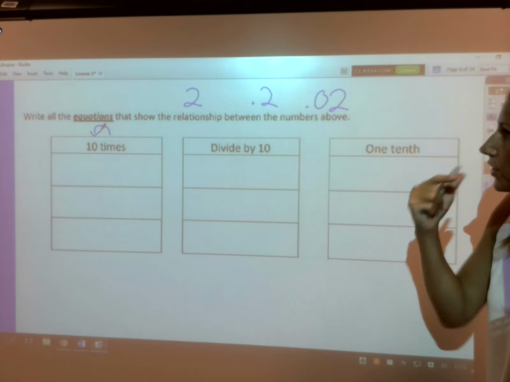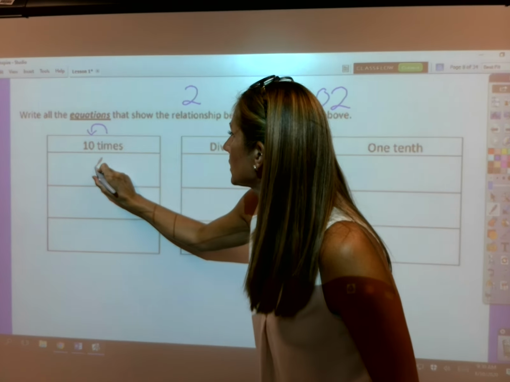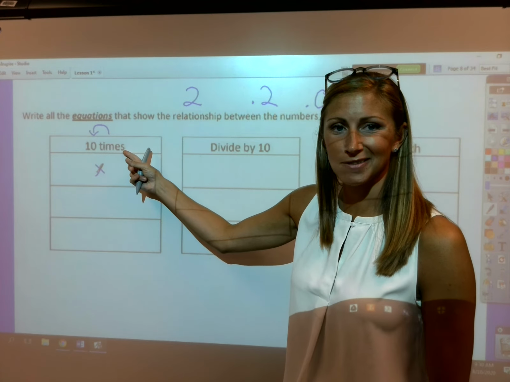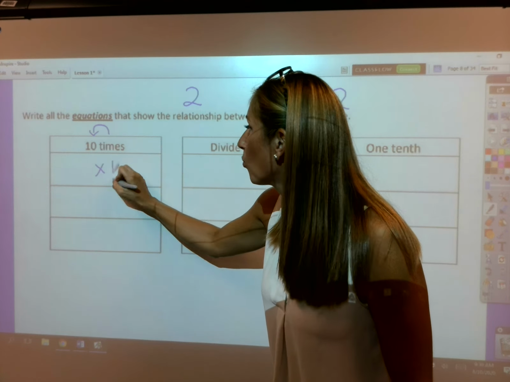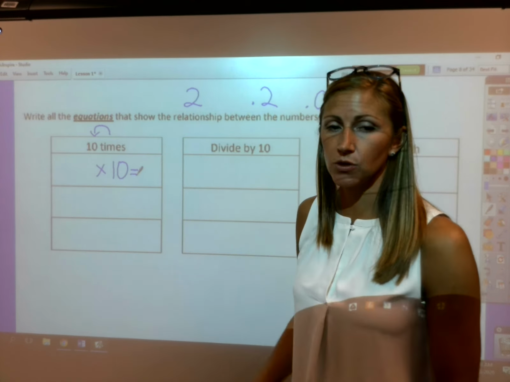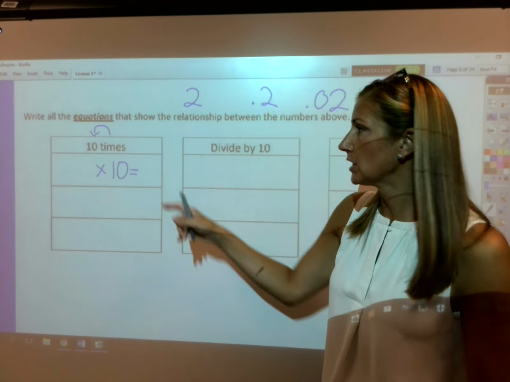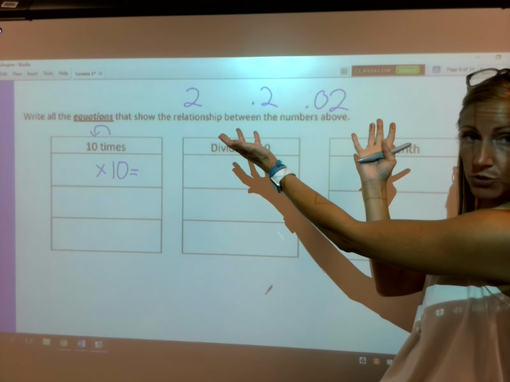So we could start with at least thinking about an equation has an operation. In this case, we know it's multiplication and what we're multiplying by. And an equation always has an equal sign. So what we're missing here, other than what they told us, is one of these 2 numbers.